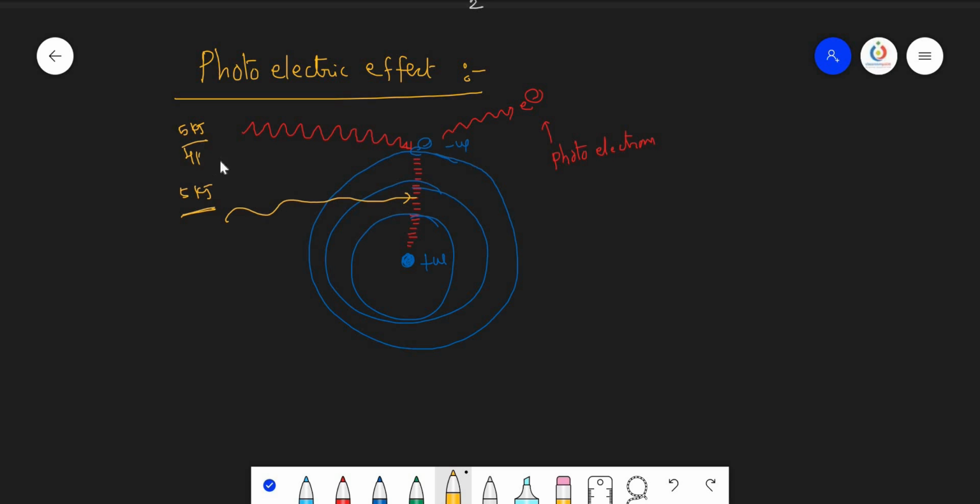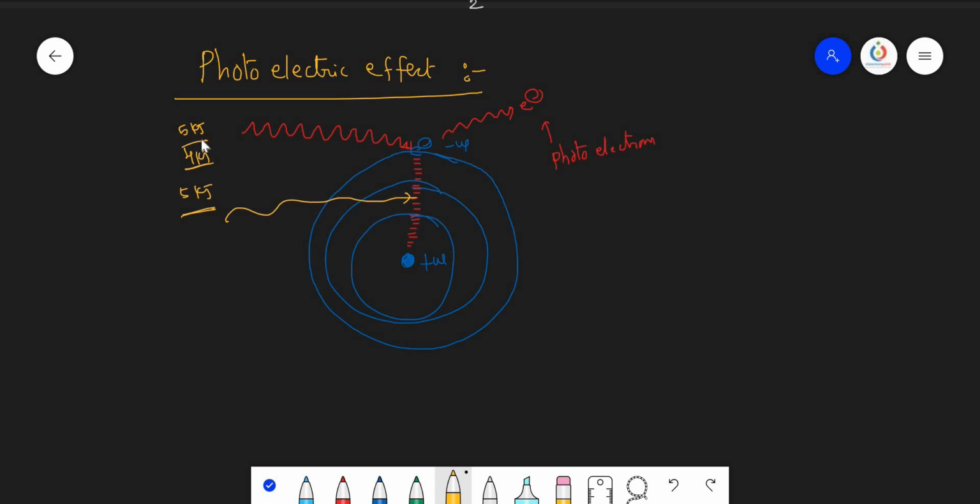If I give only 4 kilojoules of energy, though the electron absorbs it, it cannot overcome this attraction force, so it will not come out of the orbit.